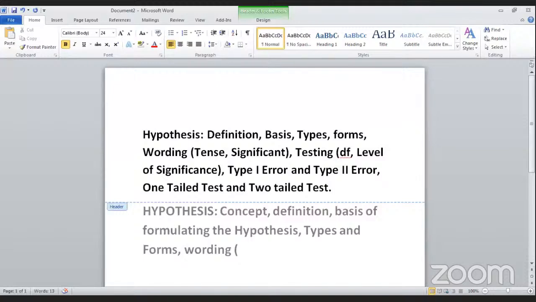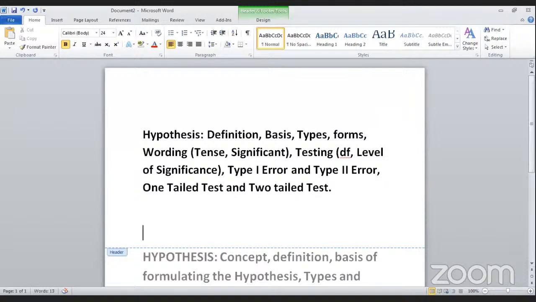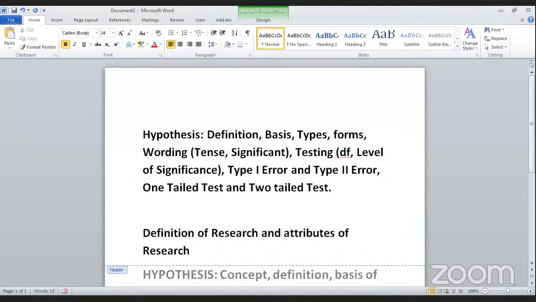Now I start. You must be knowing the definition of research, and you must be knowing the attributes of research. Now I want to take you from here.